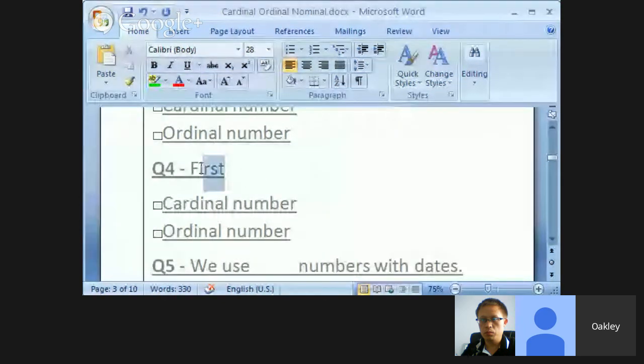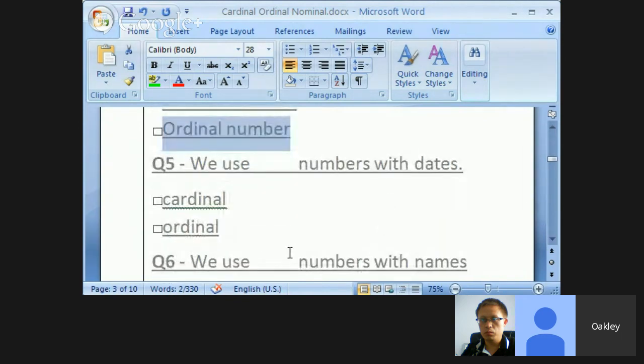All right, Tatiana, first, cardinal or ordinal? First is ordinal number. Of course it is. It shows the order. Okay. Xingyu, do we use what kind of numbers with dates, cardinal or ordinal? Can you hear me? Yeah. Yes.